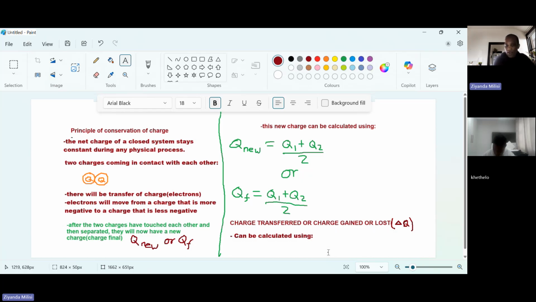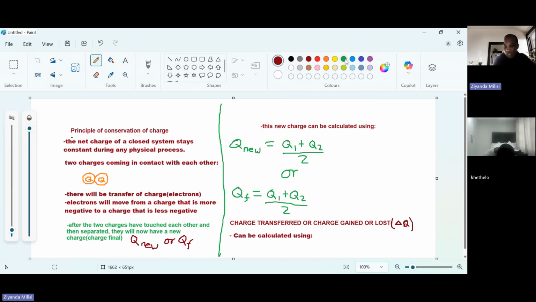These are grade 10 equations. We are still busy with revision from grade 10 because they do ask these kinds of questions even in grade 12 examinations.